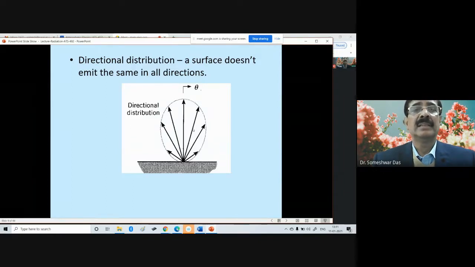It does not emit radiation equally in all the directions, right? As illustrated in this figure, in this diagram. So this is one characteristic of the directional distribution of the radiation.